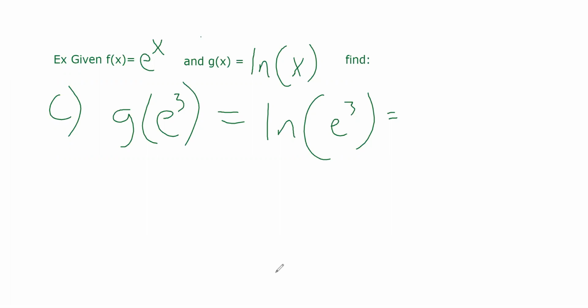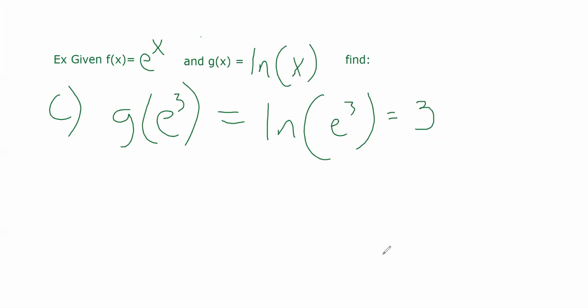It's just like if you add 5 and then subtract 5, or if you flip it around and subtract 5 first, then add 5, ultimately they undo each other. So it's like the ln and the e kind of undo each other's effects, and we get 3, this thing here. That's exactly what's happening here.